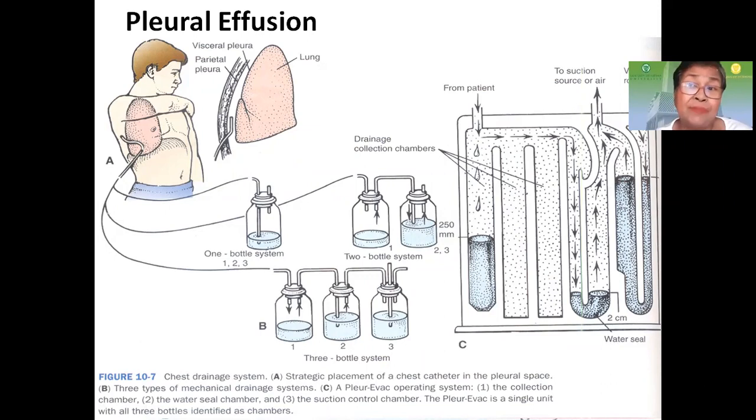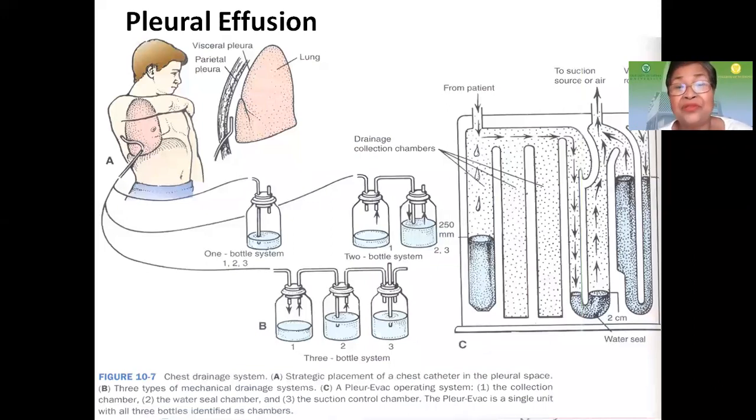Pag continuous bubbling, may air leak. So, check or tape all connections. Okay? Continuous bubbling, okay yan dito, normally yan sa suction bottle. Pero sa water seal, dapat intermittent lang.